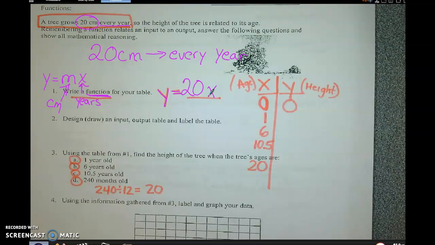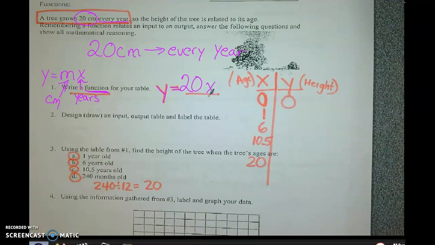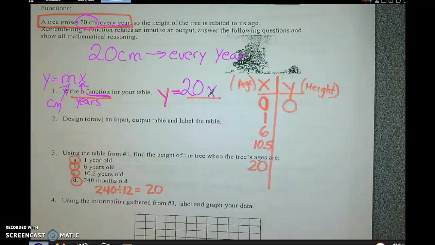So number 2, it says design or draw an input-output table and label the table. So we have one that started here, and we're going to use these ages. So our x's are talking about the age, the y is talking about the height. So when the age of the tree is 0, the height of the tree is 0 centimeters.